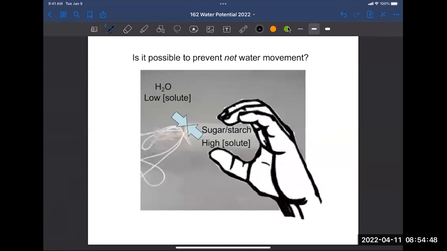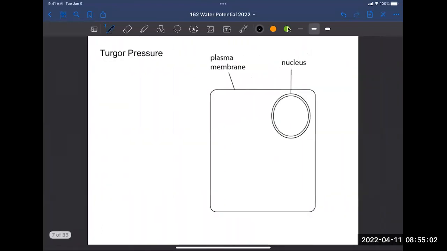Now, the reason I want to introduce this is because this idea of pressure is going to be very important for thinking about how water moves in plants. We have to think about solutes still, just like we did with the animal lecture, but now we also have to think a lot about pressure. Pressure is created by something that is unique to plant cells, at least different between plant cells and animal cells, which is the cell wall.